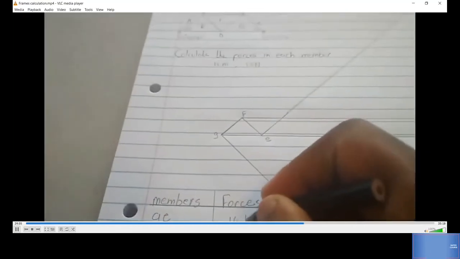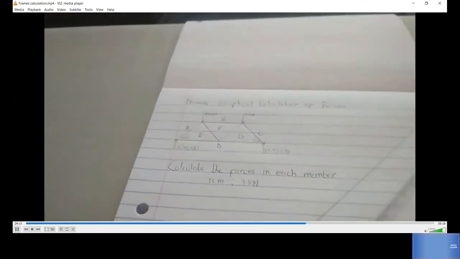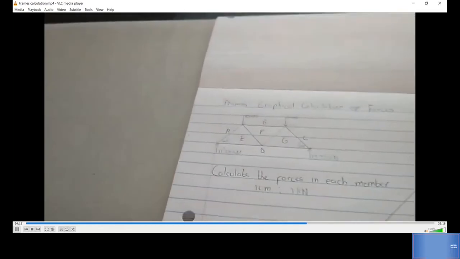Remember, our force scale is 1 centimeter to 1 kilonewton, which means whatever centimeter I measure is the number of kilonewtons as well. The next one is ED. There is E there, D over there. So we put our ruler, 11.2.